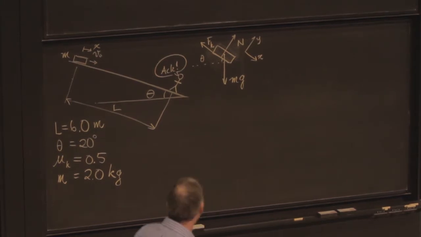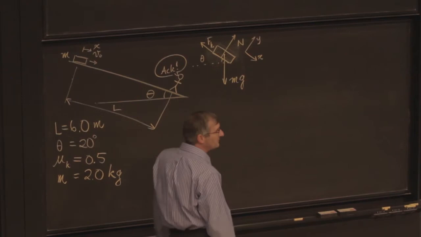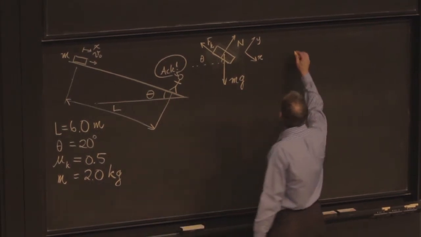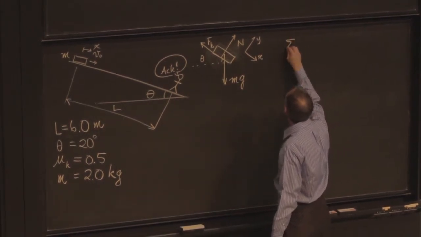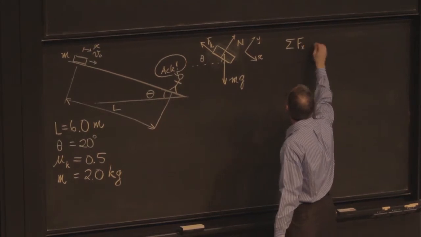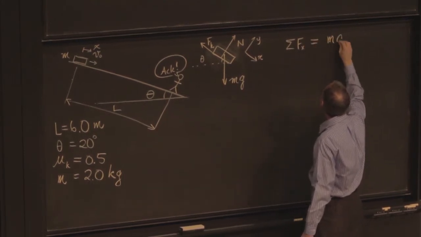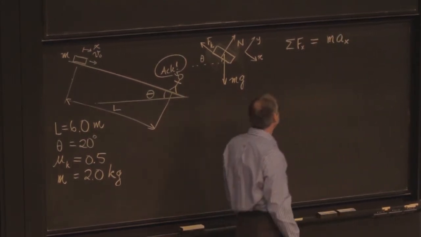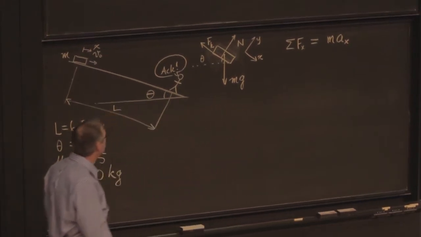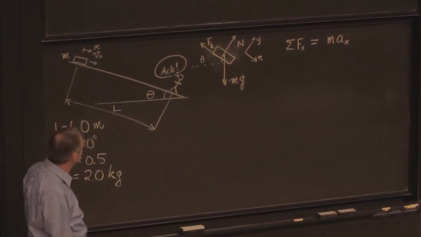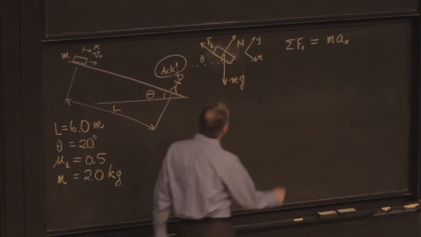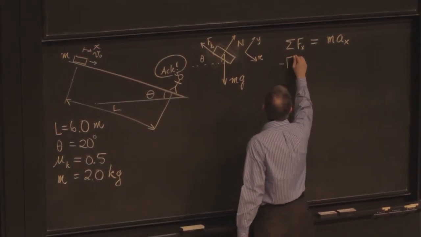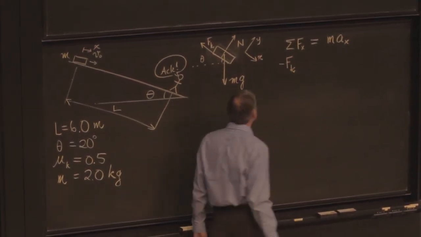Okay, so let's try getting away with x. So the sum of the forces in the x direction must be the mass times the acceleration in the x direction. So the sum of the forces in the x direction, well, the force of friction is going the wrong way, so it gets a minus sign.